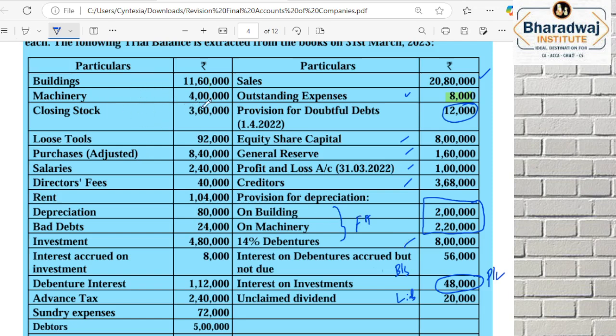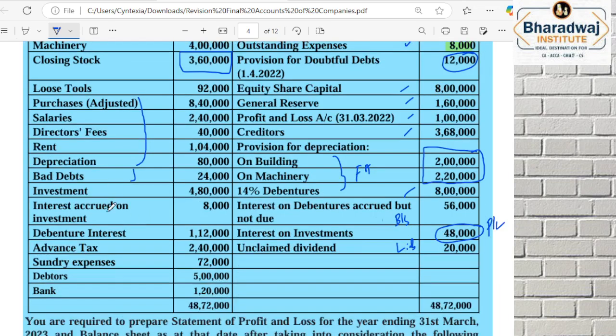Buildings, machinery. When closing stock is given directly here, it will be directly taken to balance sheet. Loose tools, balance sheet. Purchases, salary, directors' fees, all these things will come in P&L account. Bad debts.